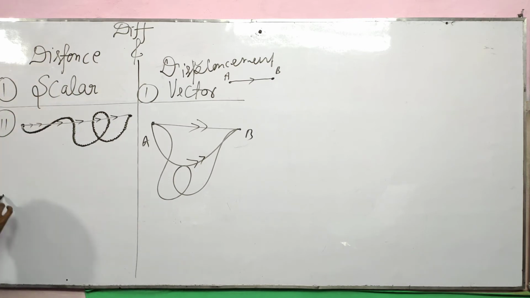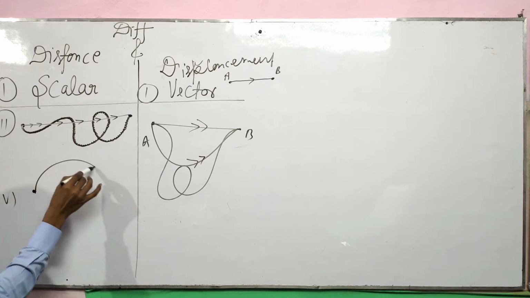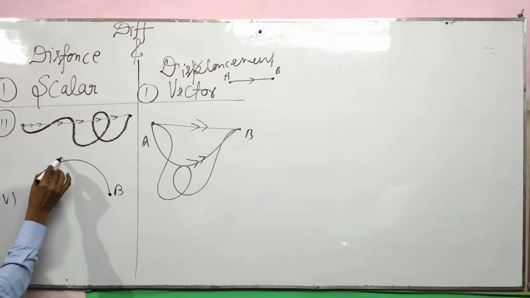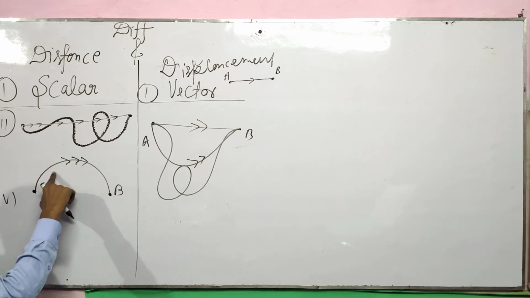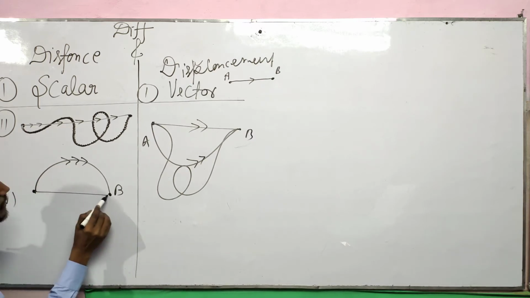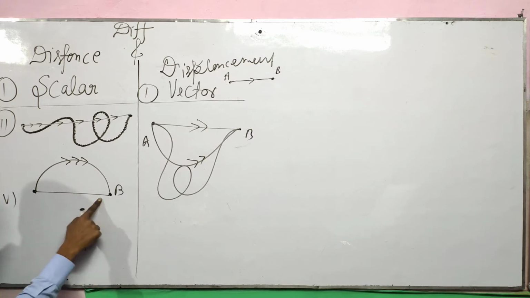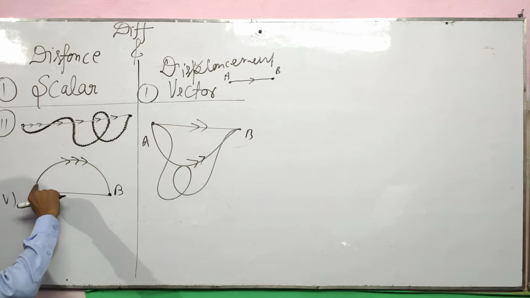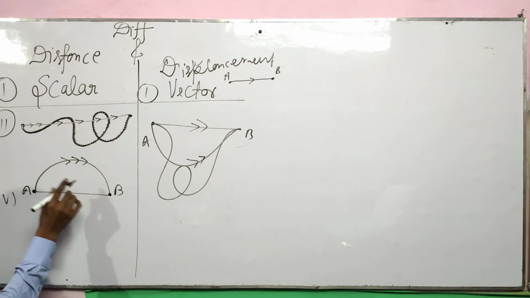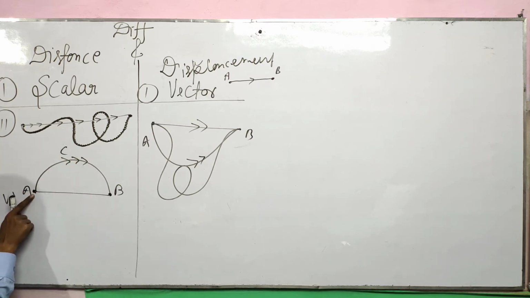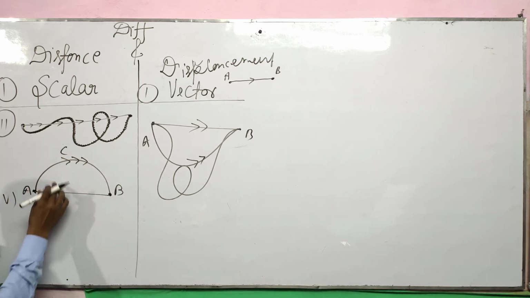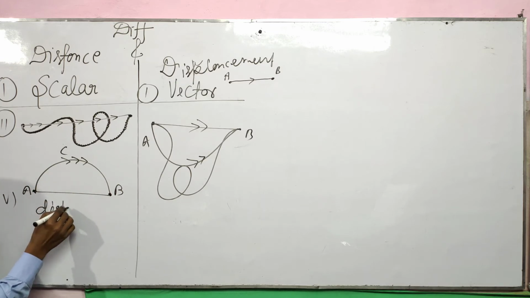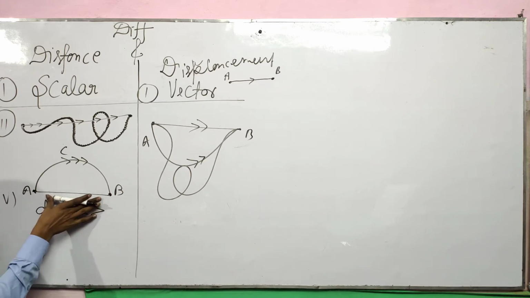Fourth, what is distance? I am going from A to B. This is distance and this is displacement. If I am going from the path A, C, B, then distance is greater than the displacement.